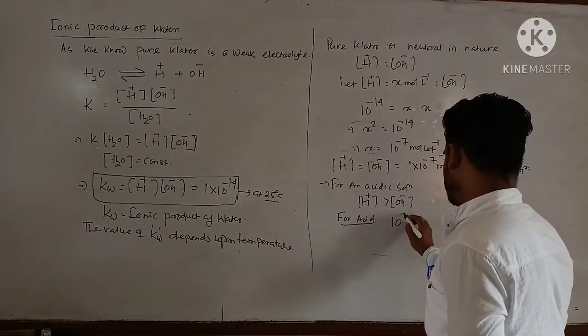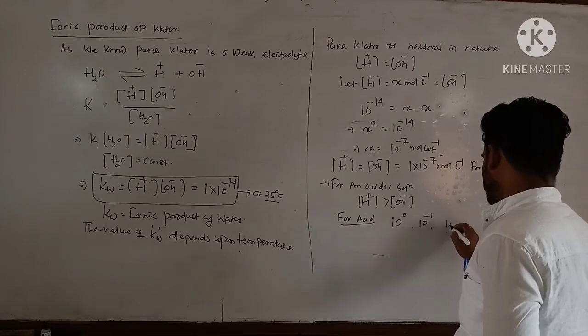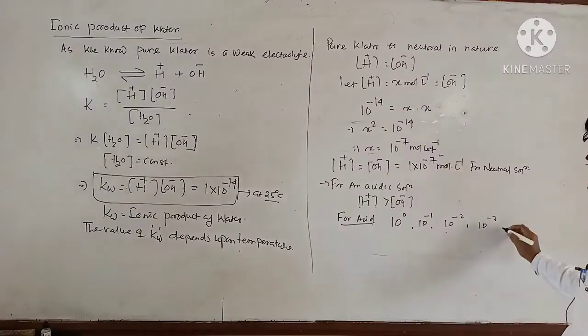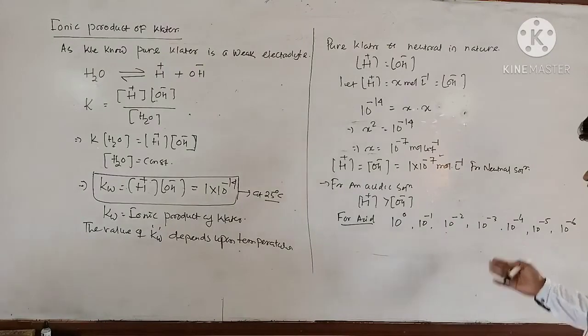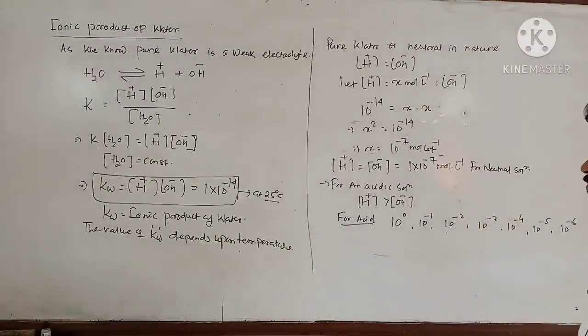So that can be 10 to the power 0, 10 to the power minus 1, 10 to the power minus 2, 10 to the power minus 3, 10 to the power minus 4, 10 to the power minus 5, 10 to the power minus 6. Is that clear? The hydrogen ion concentration for an acid can be like this.